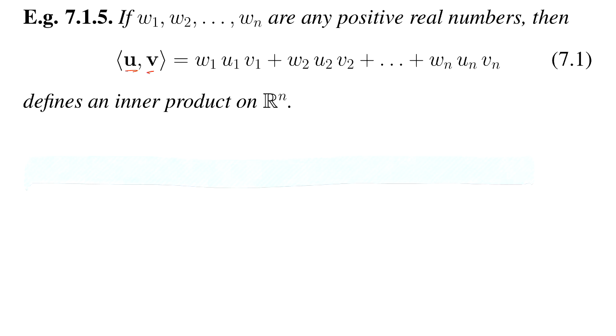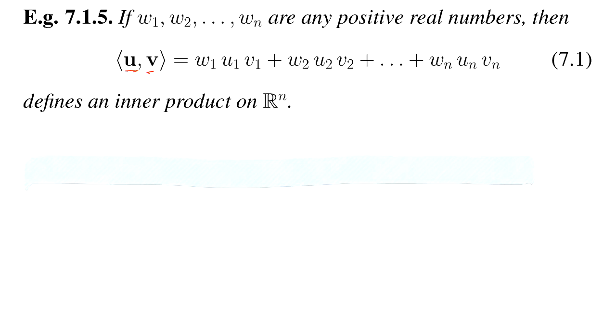And one reason you might want to do that, we'll touch on later, is if the Rn that you're considering is really the space where some big data set you're interested in lives, then the statistics of your big data set will dictate what directions in this enormous space are more important than others, right? And then there'll be a corresponding inner product associated with that. And so there's really practical reasons in data science, machine learning, statistics, et cetera, for looking at inner products other than the dot product, even if you're in Rn.